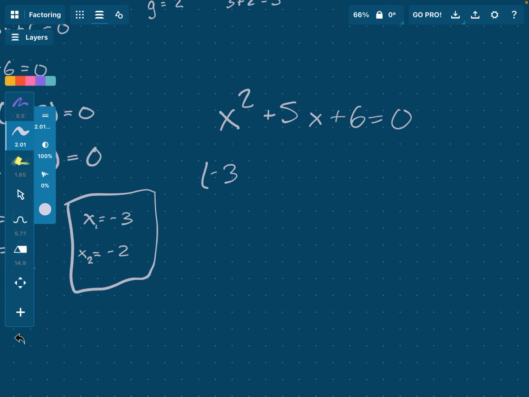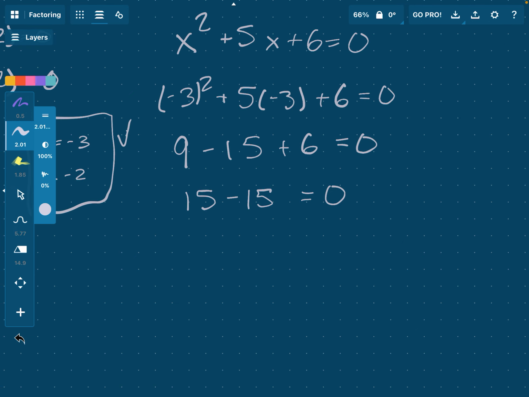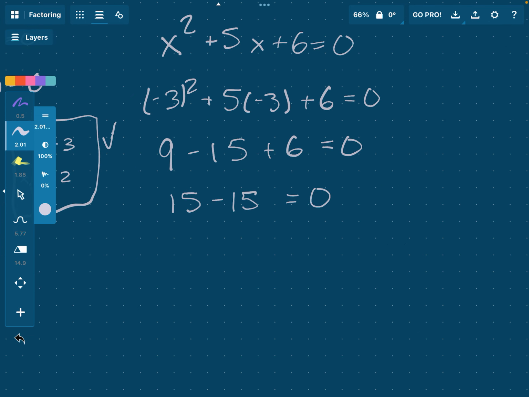So negative 3 squared plus 5 times negative 3 plus 6 is equal to 0. So negative 3 squared is 9. 5 times negative 3 is negative 15. And 6 is just 6. So here we have 9 plus 6, which is 15, minus 15, which is 0, which means this root works and it's correct.